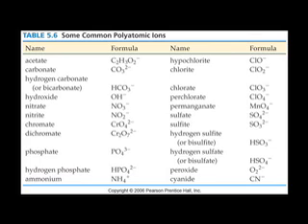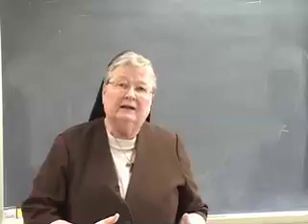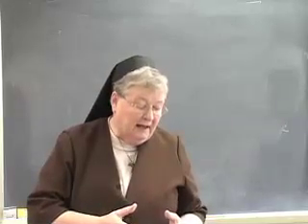A short list of those is in table 5-6 of your book, and you need to really try to memorize the names of polyatomic anions and their charge. So let's just take a few of them.